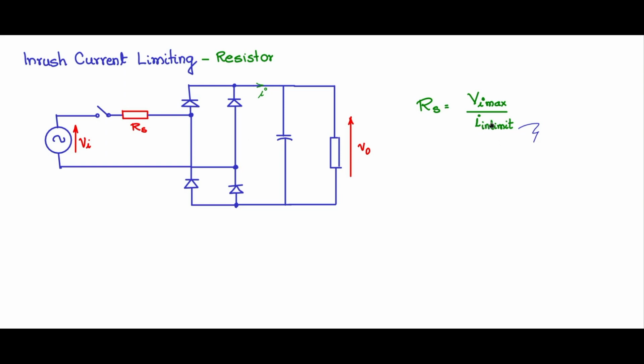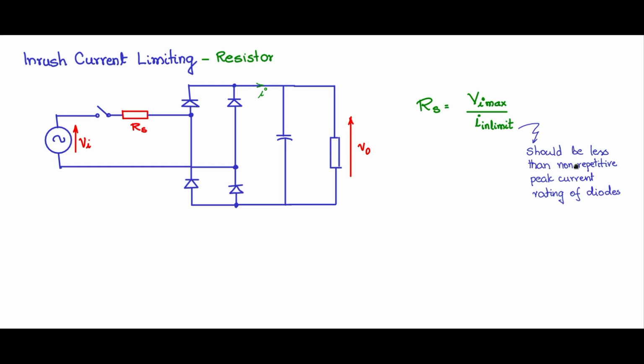This value can be obtained from the steady state analysis and steady state design, where you would have chosen the diode. From the data sheets of the diode, you will get the non-repetitive peak current rating of the diode, and the limit should be less than that peak current rating.